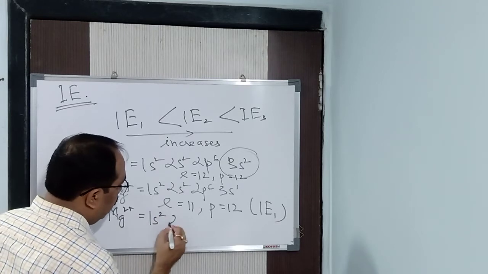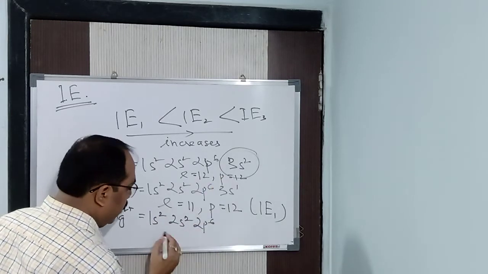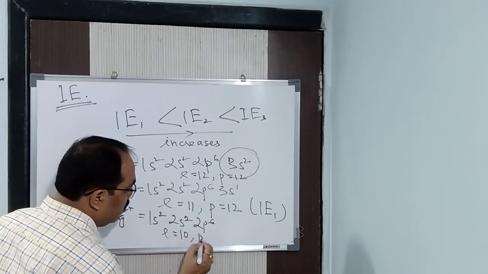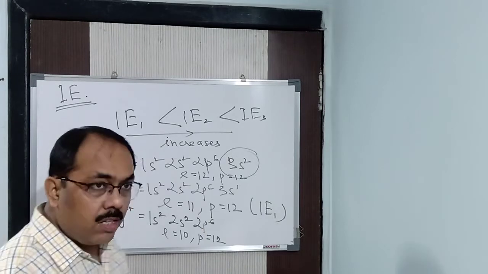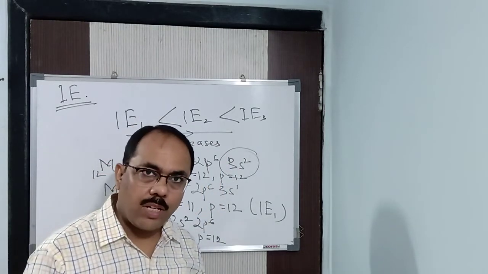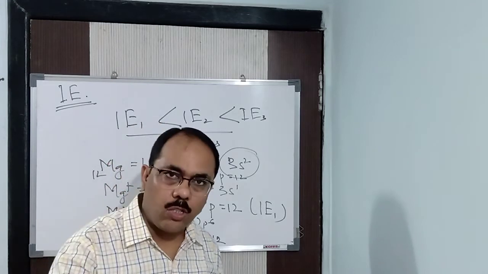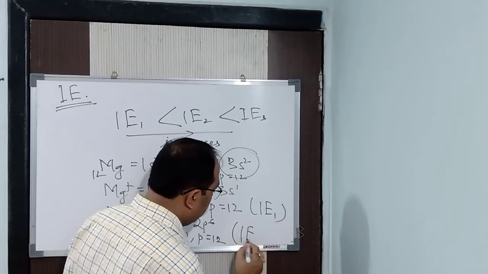What is the electronic configuration now? 1s2, 2s2, 2p6. This is removed. Now electrons are 10, protons are still 12. Nuclear charge still increases and pulls more strongly towards itself, due to which you require more energy to remove the electrons. Hence, successive ionization energy increases.